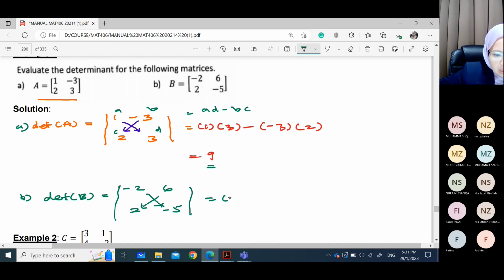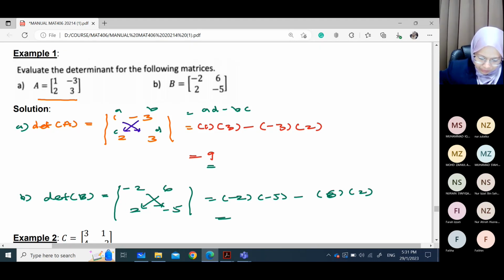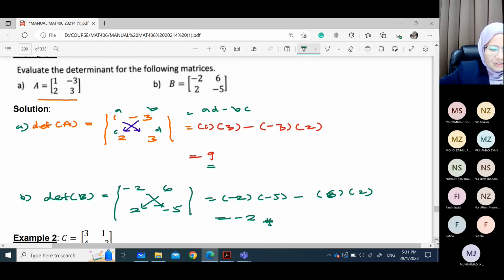So kat sini negative 2 times negative 5 minus with 6 times 2. Berapa jawapan dia? 10 minus 12. Negative 2. Yes, negative 2. Okay, so this is the determinant for this matrix.